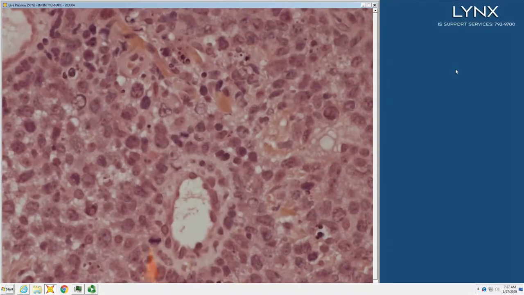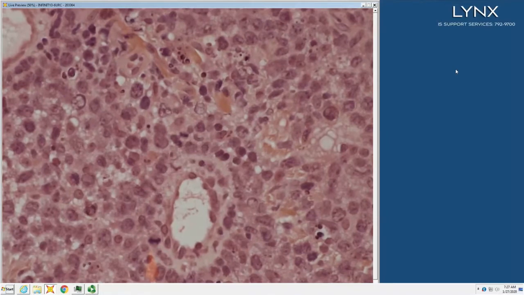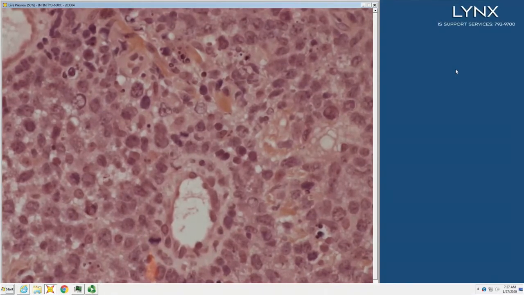So why doesn't it expand and kill you? Because of the tingible bodies. There's programmed cell death. So programmed cell death means the cells undergo an orderly death at a rate that equals the mitotic rate, right, and the proliferative rate.